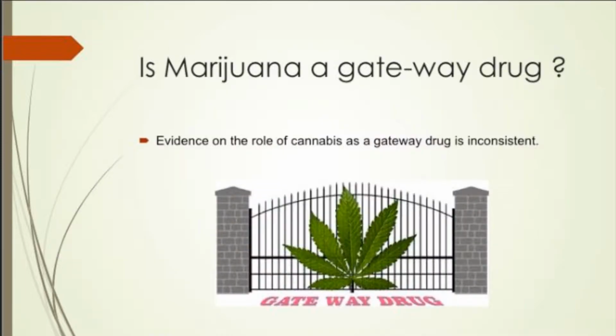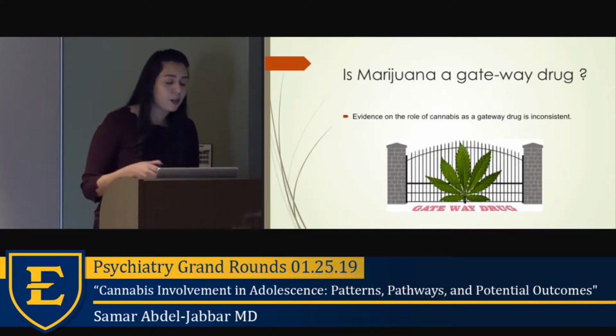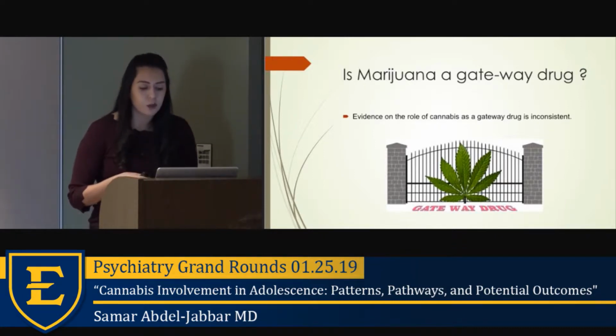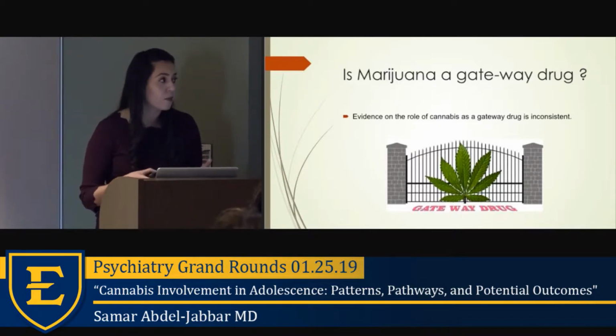Is marijuana a gateway drug? In a lab, rats previously administered THC showed a heightened behavioral response not only when they were exposed to THC, but also when exposed to other drugs such as morphine. This phenomenon is called cross-sensitization.